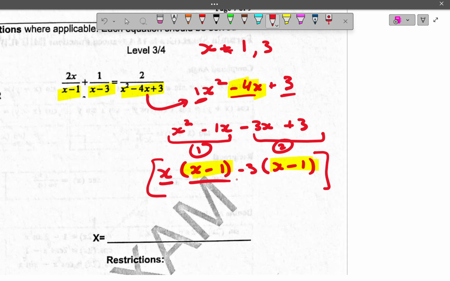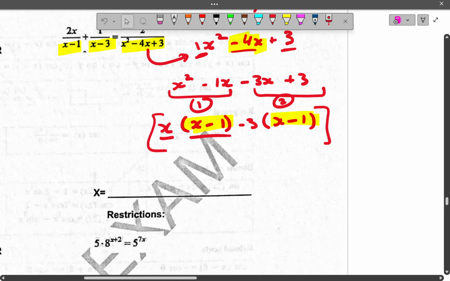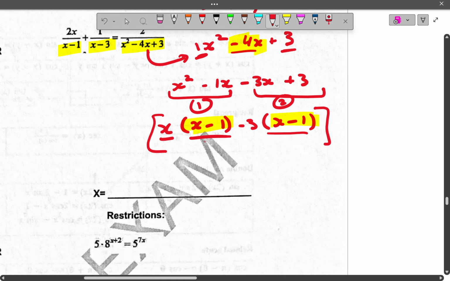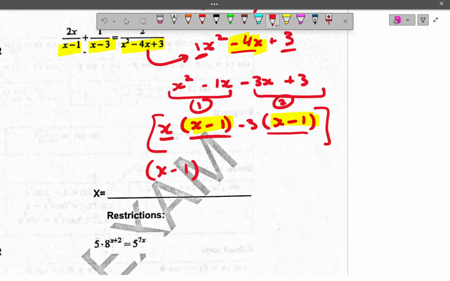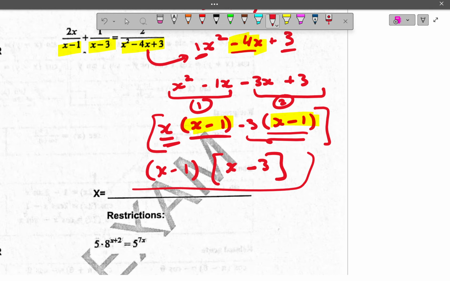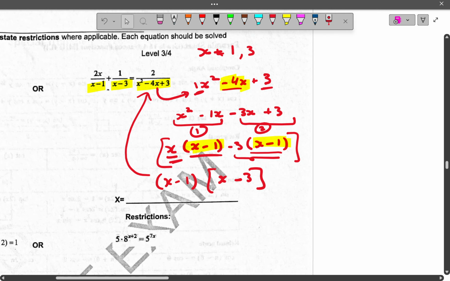So we're going to factor this out as well, the x minus 1. And so from the first term, if I take out x minus 1, I'll just be left with x. And from the second term, I'll be left with negative 3. And so here is the factored form of what we have up top here. So I'm going to rewrite this equation so that we can write this in this factored form.